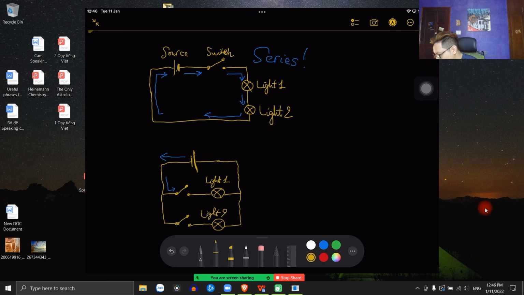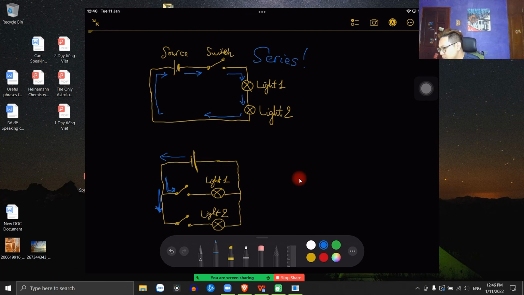This is light 2, isn't it? So basically, up here, the electricity will have to split into two directions, right? One is going to light 1 and one to light 2, right? You know what I'm talking about? Because it's split up like this.